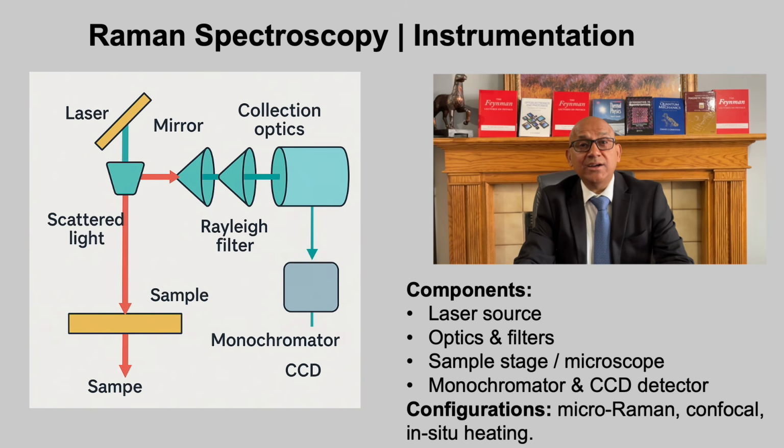Scattered light is collected, passed through filters that remove the intense Rayleigh line, and then dispersed by a monochromator onto a CCD detector. In micro-Raman or confocal setups, we achieve sub-micron spatial resolution, allowing local mapping of stress, defects, or composition. Special stages enable in-situ heating or biasing, letting us watch changes in vibrational modes during processing.